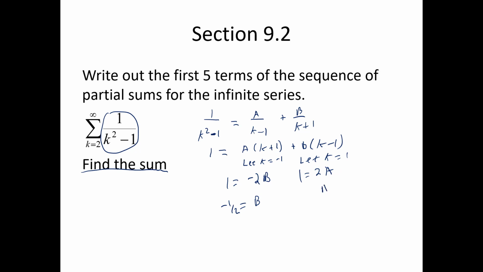And so then a is equal to +1/2. That tells us that 1 over k squared minus 1 can be rewritten as 1/2 over k minus 1 minus 1/2 over k plus 1.